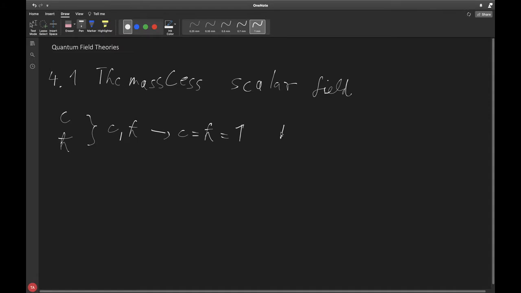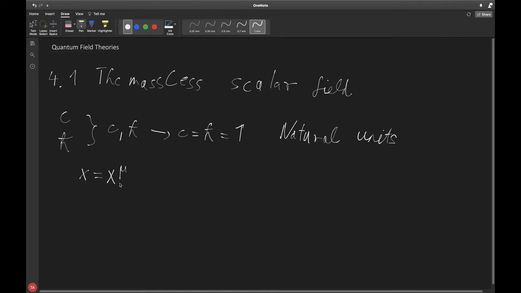This is called the natural units. So we will discuss all quantum field theories in the natural units, and there is another change which I am going to say, that I am going to denote the 4-vectors just with the x.